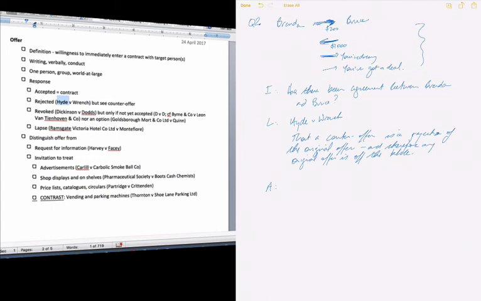When Brendan then says you're dreaming, it's actually a rejection of that offer. Okay, so I don't think then that he can supposedly accept this offer by Bruce, even if that was still a live offer.